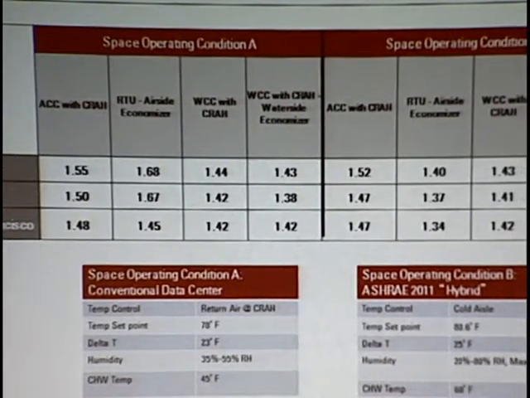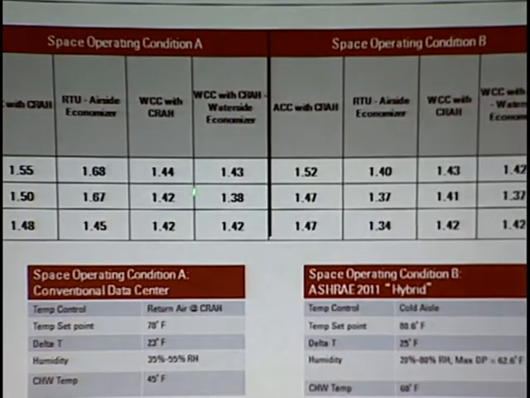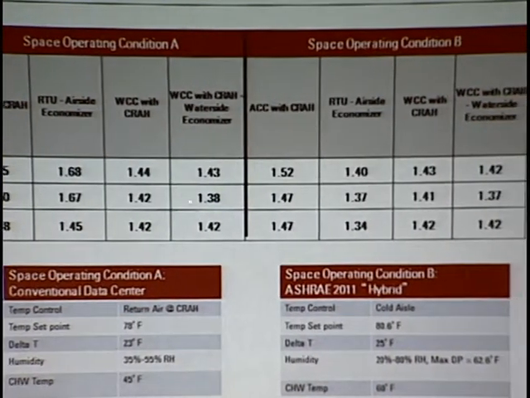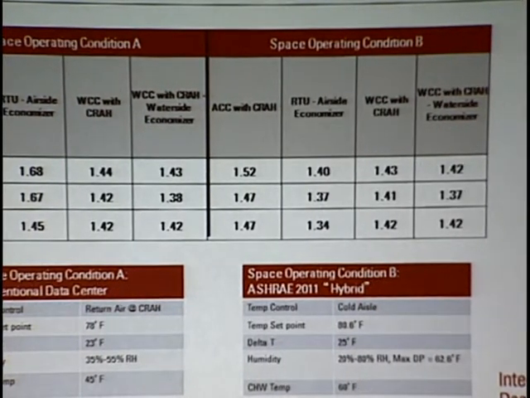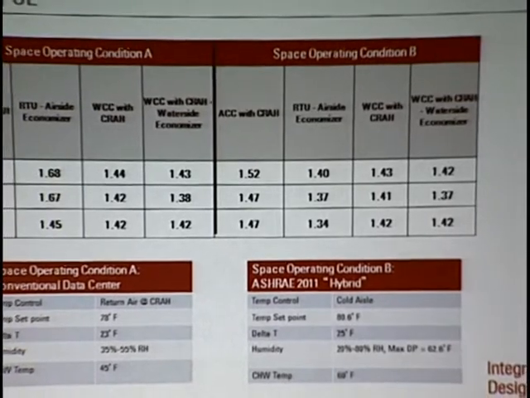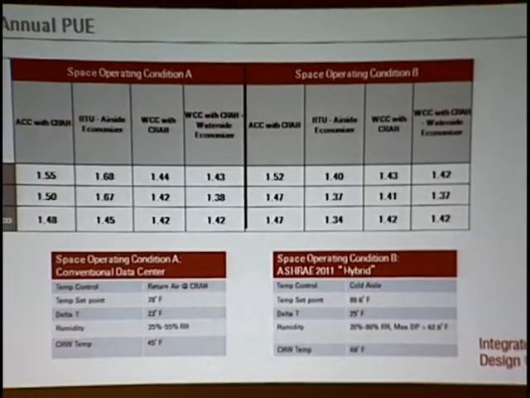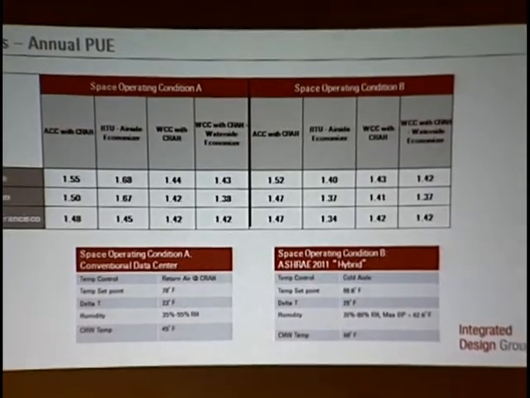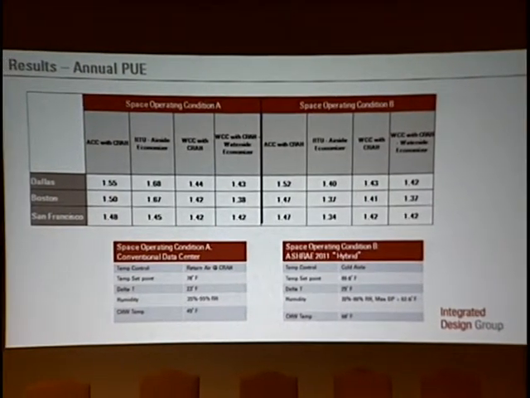The interesting thing here is that the one best PUE for this condition happened to be Boston with a waterside economizer. And that's just because of the cold weather in Boston. It allows you to be on waterside economizer longer than San Francisco would allow you to be on airside economizer.